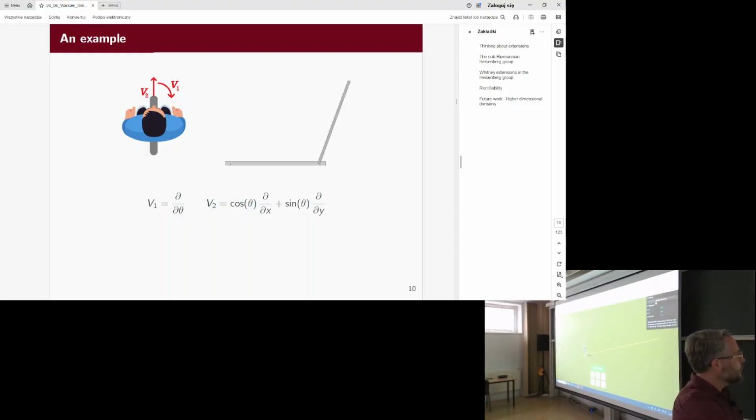However, if I'm on a unicycle, I no longer can strafe side to side. All I'm allowed to do is rotate and move, but no matter where I am and no matter where I'm facing, I can still get to the target.